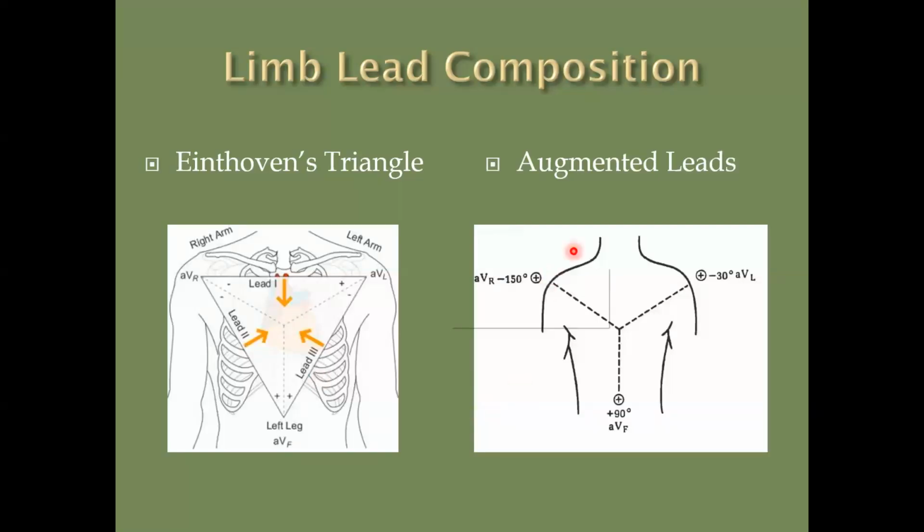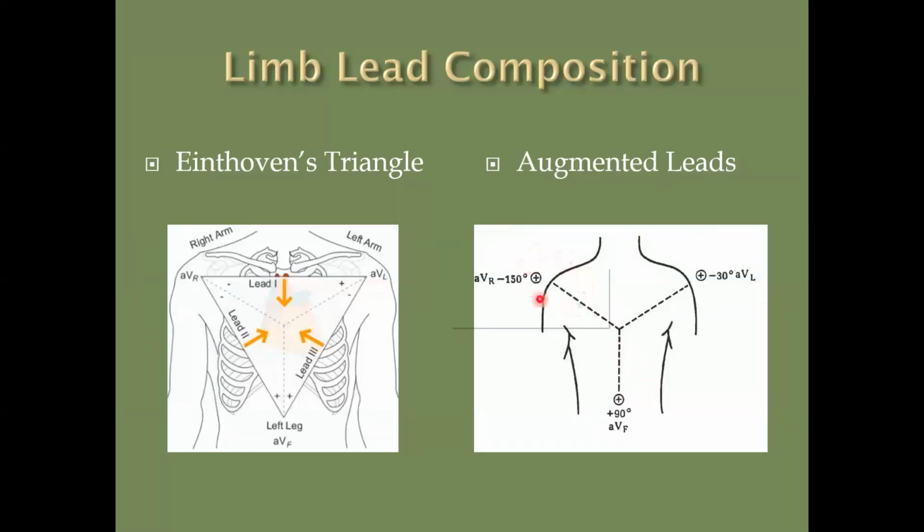So these are the augmented leads that we talked about. You've got AVL, where the positive is over here on the left shoulder. You've got AVF down here, and it's going to look up at the inferior portion of the heart. And AVR is over here on the right shoulder. Keep in mind the vectors all go this way, so things are not supposed to travel back this way.